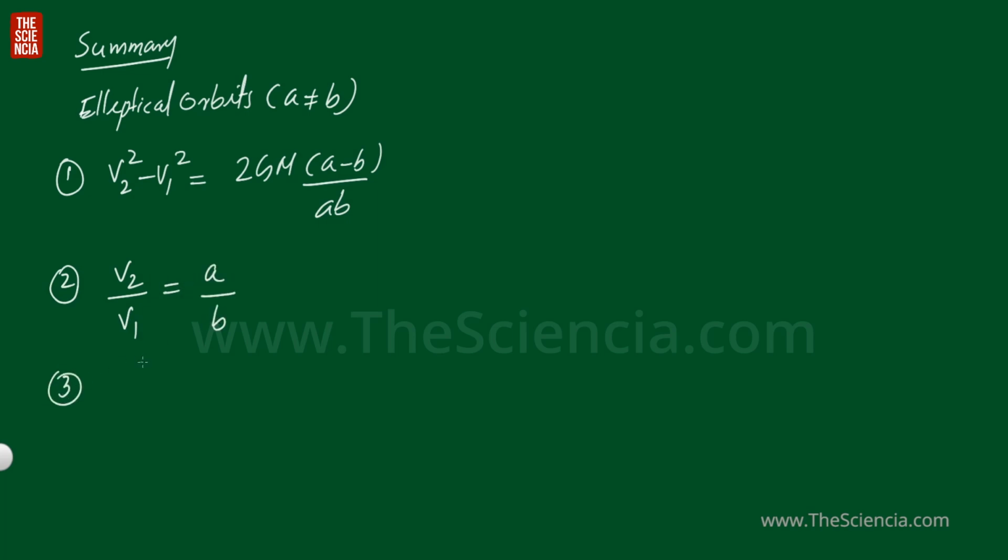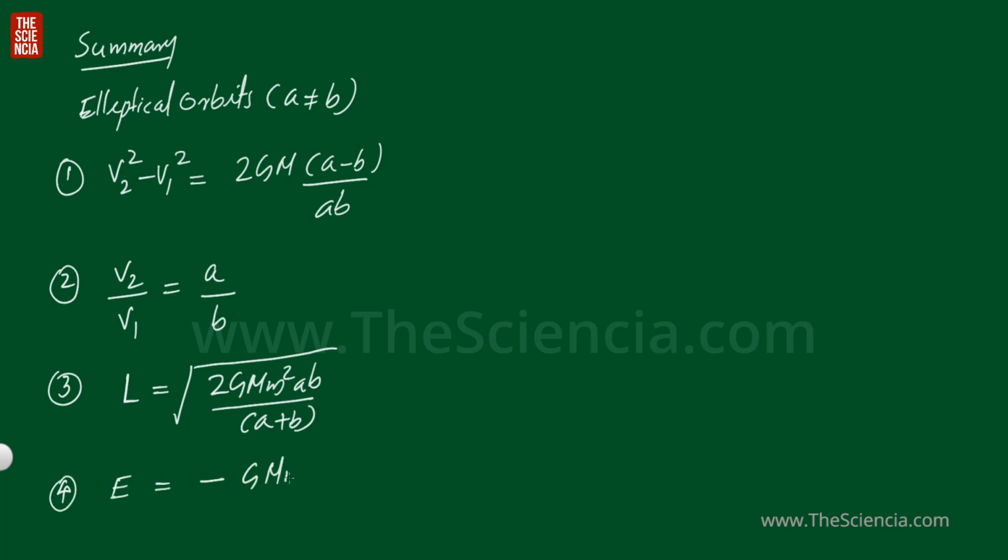And third equation, angular momentum L, is equal to root 2G M square ab by a plus b. And fourth equation is total energy E is equal to minus GMm by a plus b. So all these equations are for elliptical orbit, and for elliptical orbit a is not equal to b.